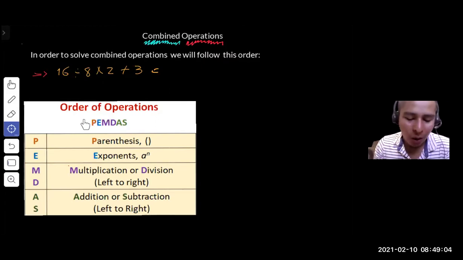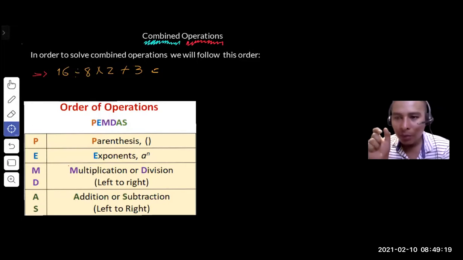There is something called the PEMDAS method, which is just to help you remember this. PEMDAS is an acronym. P stands for parentheses. When you have a combined operation, the first thing you have to solve is the parentheses, or the braces, brackets, all these grouping symbols.